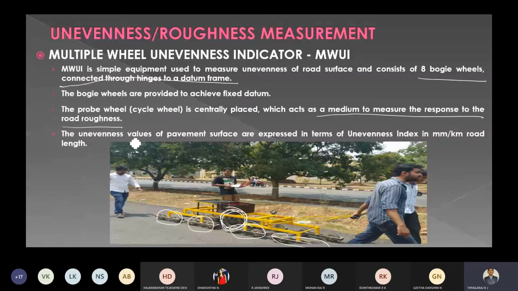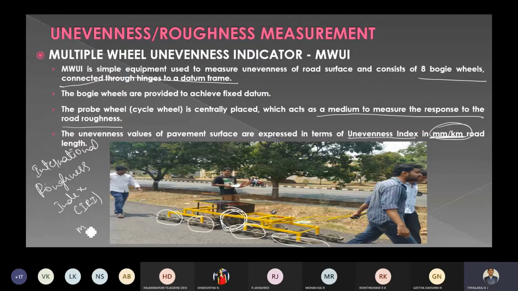Then the unevenness values of the pavement surface are expressed in terms of unevenness index, that is mm per kilometer. This unevenness index is also called the international roughness index. You have already seen this international roughness index, that is IRI, which will be expressed in millimeter per kilometer.